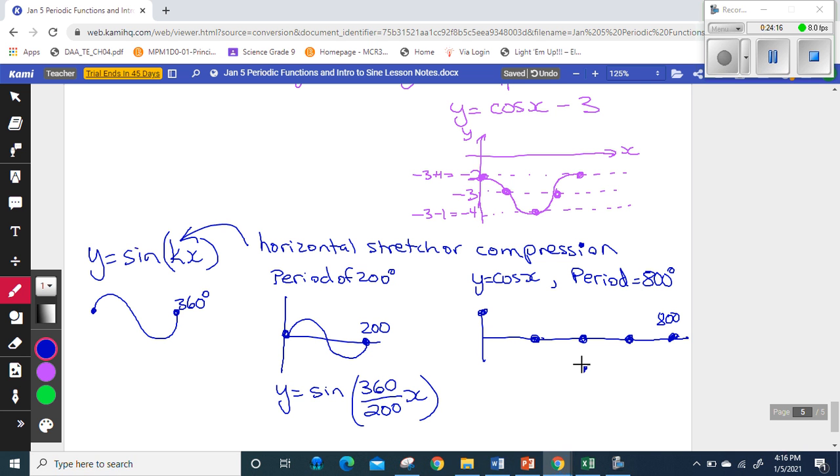So top, middle, bottom, middle, top. And there it is. So half of 800 would be 400, half of 400 would be 200, and 400 plus 200 is 600. So there's my x-axis, and then that's what it would be. And my equation, y equals cosine, it originally was 360, we've now made it 800, x. Cool, eh? So that's what we did.